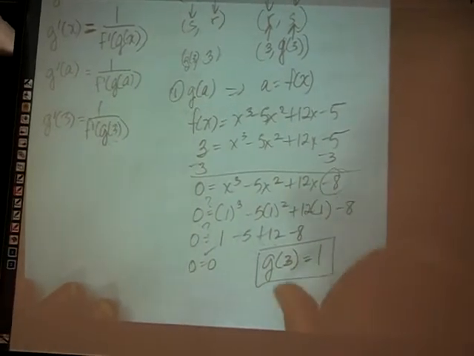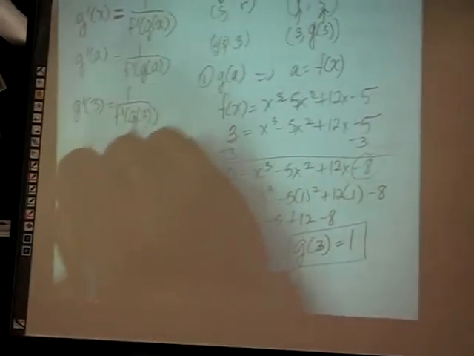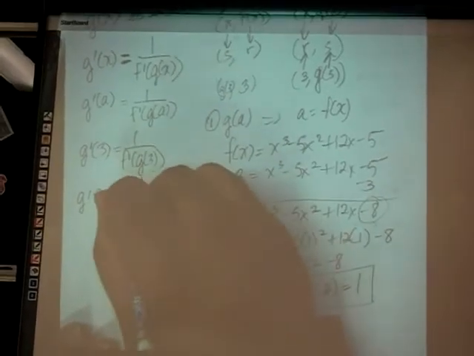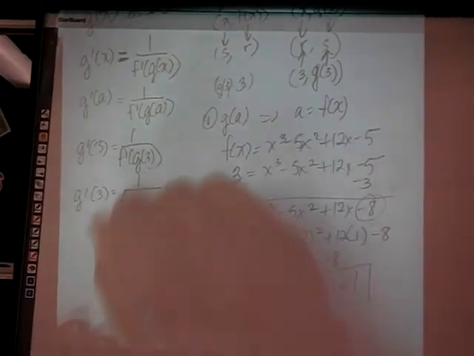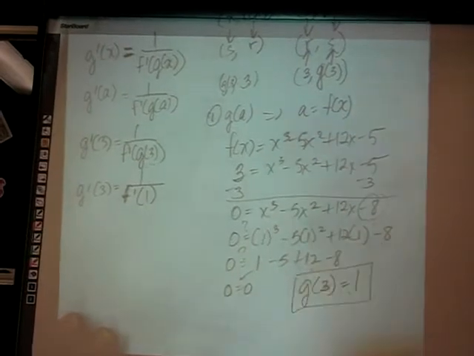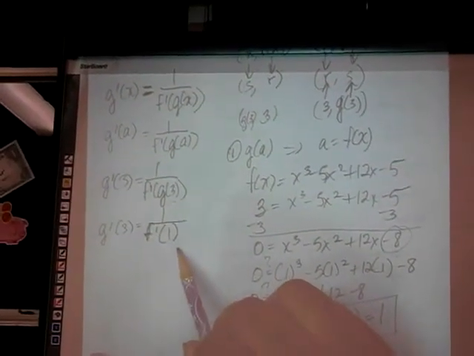Knowing that information, let's go back to this. I now know what g of 3 is equal to. So g prime of 3 is equal to 1 over f prime of g of 3, which was 1, so f prime of 1. Now, what do I have to do? I have to now find f prime of 1.